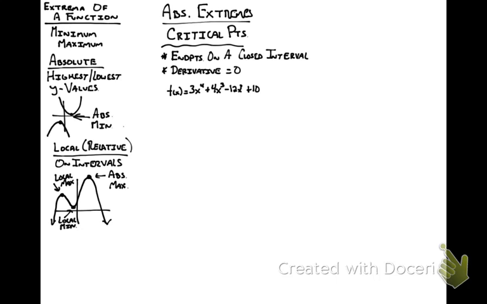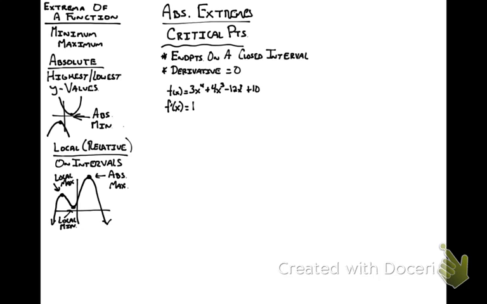And the question is, what are the critical points? Well, this is on an open interval. We're not telling you that we're focusing on a certain set in the domain, so there are no endpoints to look at. So the critical points occur whenever the derivative equals 0.